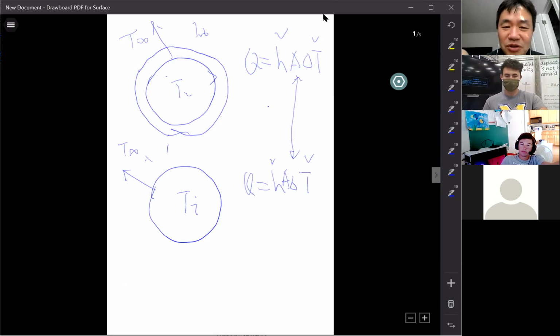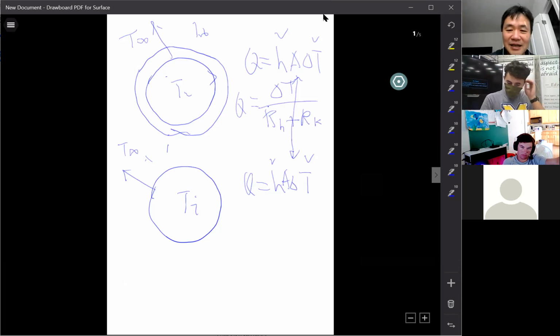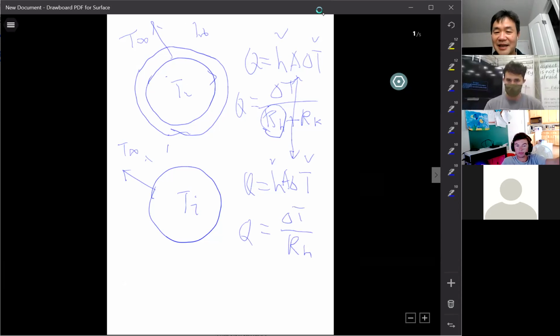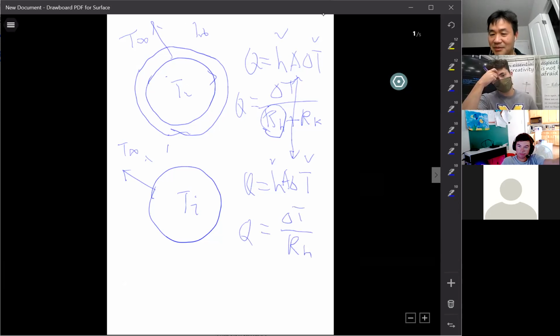So our total is delta T over R_h plus R_k. Although this R_h is actually bad, 1 over hA, because the area is bigger, you have an additional R_k there, which will help.